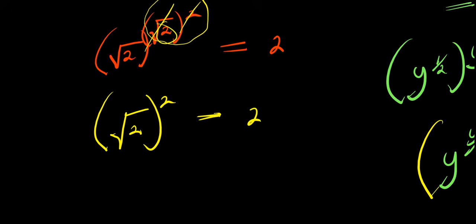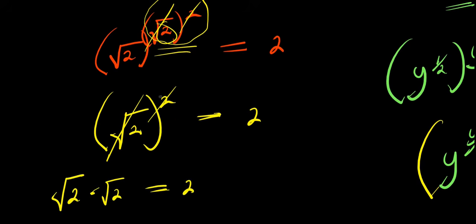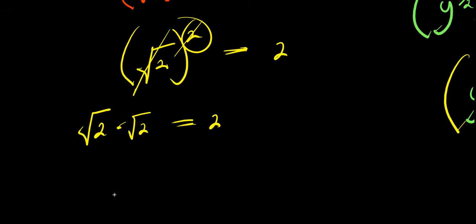So exactly the same thing that happens here will simply repeat itself here, because the square root here eliminates the square here. This is just like having square root of 2 times square root of 2, and this equals 2 because this is raised to the power of 2. So square root of 2 times square root of 2, we have square root of 4, and this equals 2.